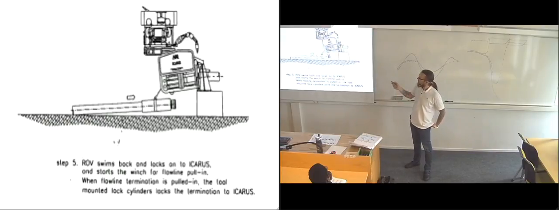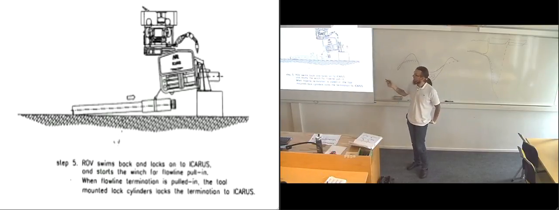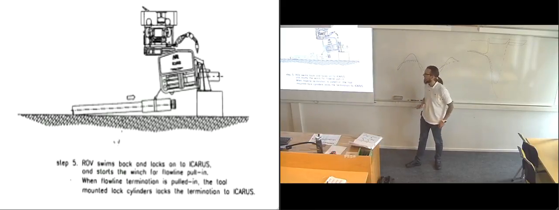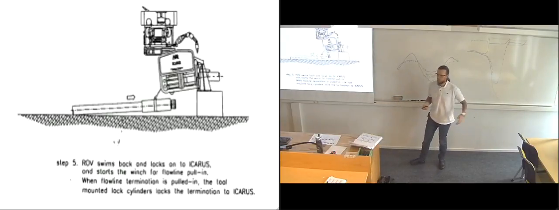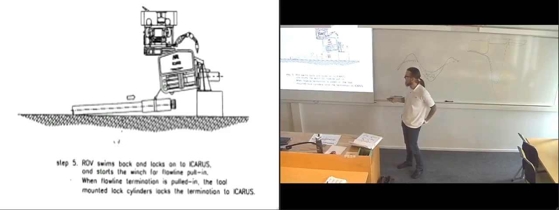Then it goes back to the Icarus tool, and it connects with the Icarus tool and starts running it. So it starts running the winch on the tool, so the winch starts pulling in the entire pipeline. So even though the pipeline here might be quite a lot of meters away, it is able to pull it in. So it's a pretty powerful winch.